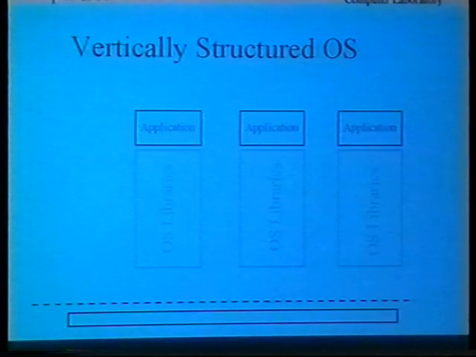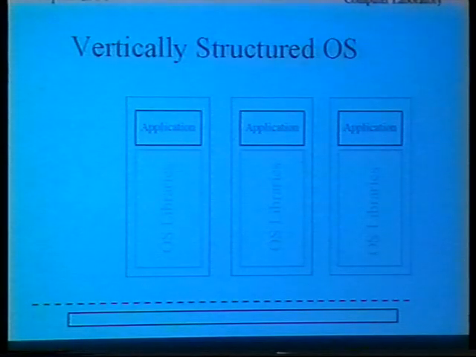This is something you may see in a demonstration if you wander around, where we get rid of this notion that operating systems providing services and operating systems providing protection are one and the same thing. We separate these things out and find that there's very little that actually has to be protected, and applications can run their bit of the operating system themselves. And this is the notion of a vertically structured operating system.